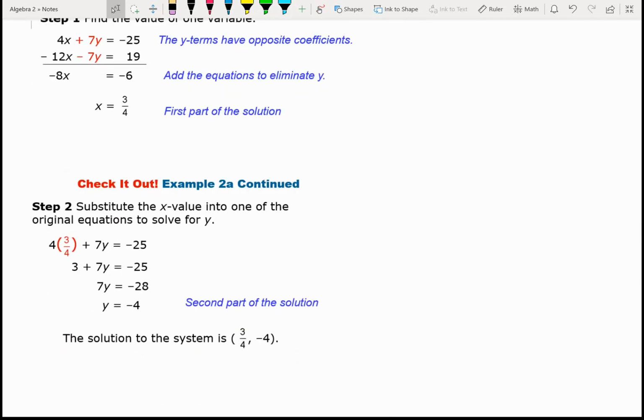Okay, so they substituted into the first equation: 4 times 3/4. So that's 4 over 1 times 3/4, and the 4s cancel. We have 3 plus 7y equals negative 25. We subtract 3 from both sides, we get 7y is equal to negative 28, and y is equal to negative 4. So our solution: x was 3/4 and y was negative 4.